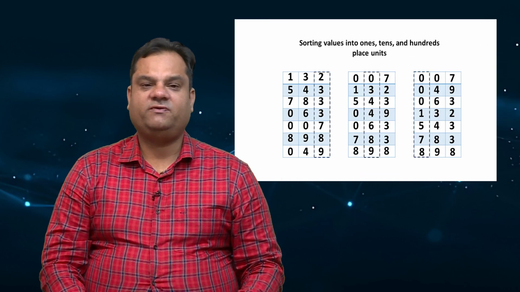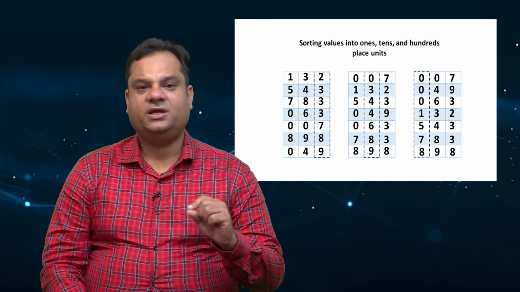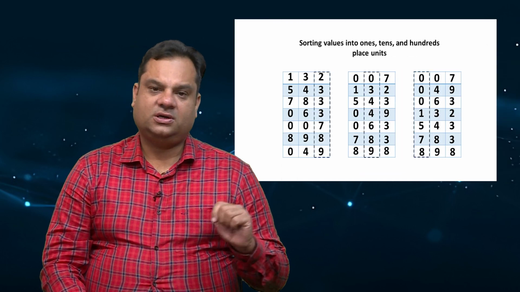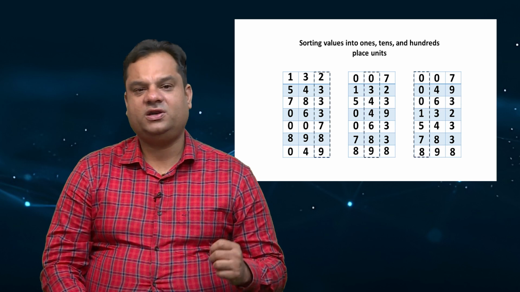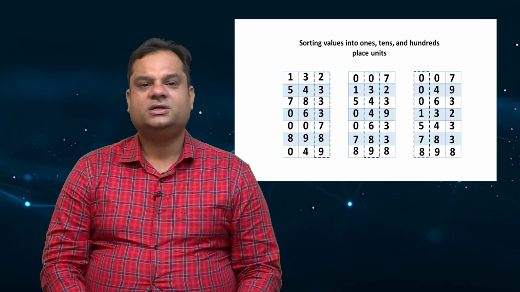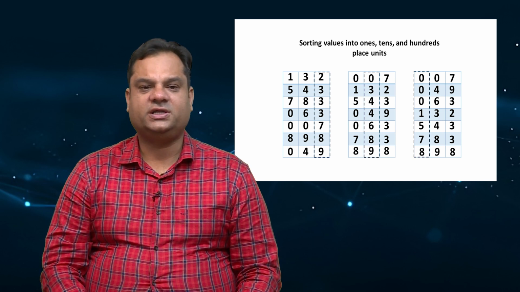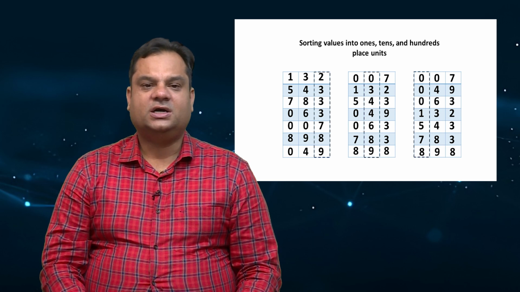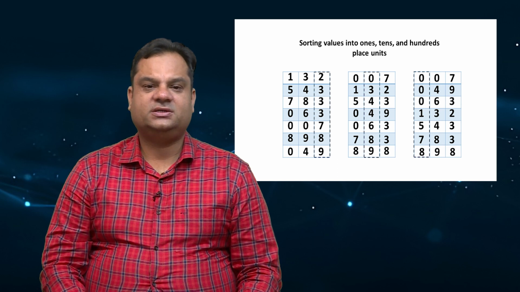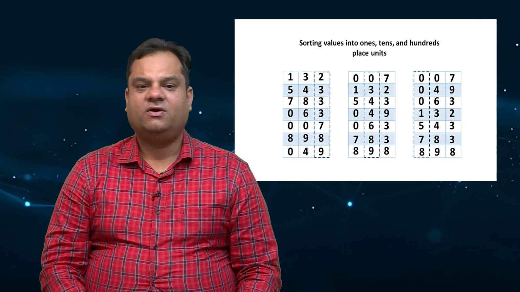By this example, we can understand the concept of the Radix sort logic. Suppose we have values in a list. In the first table we have values like 132, 543, 783, 63, 7, 898 and 49.